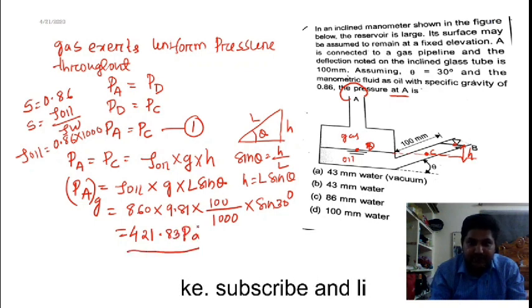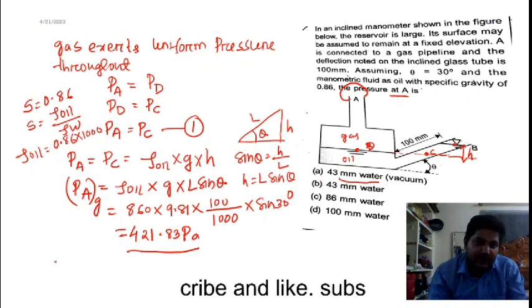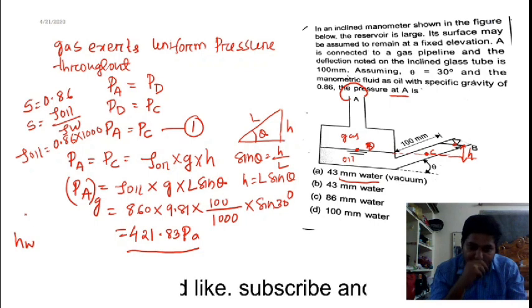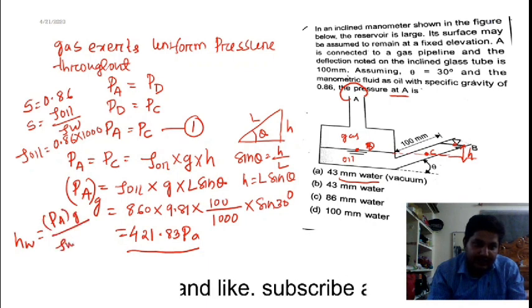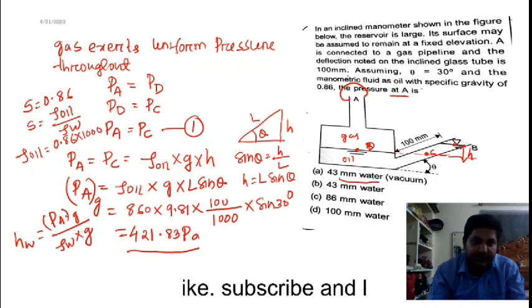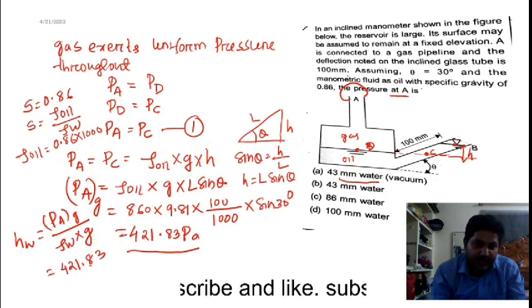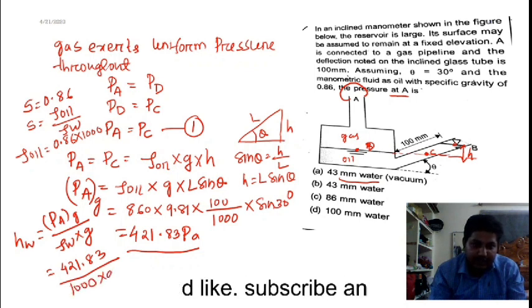But it is asking in meters of water. It is asking in meters of water. So I can convert this into an equivalent height in the form of water, which equals the pressure at point A in gauge divided by density of the water into g. Okay. So this is 421.83 divided by density of the water, 1000, into 9.81.